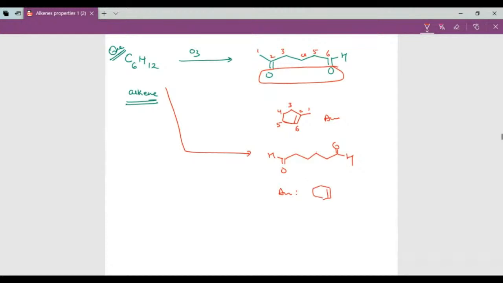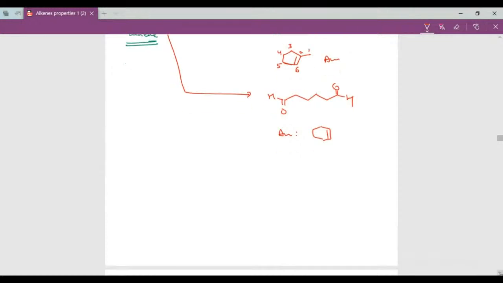So this reaction, ozonolysis, is used to identify the structures of unknown compounds like this. Correct?